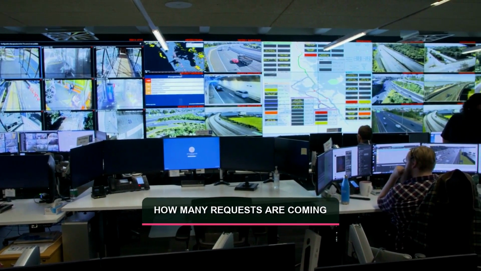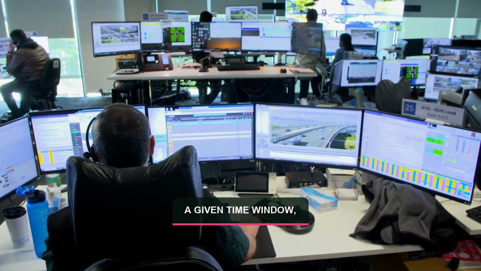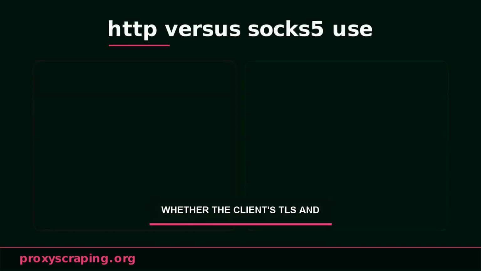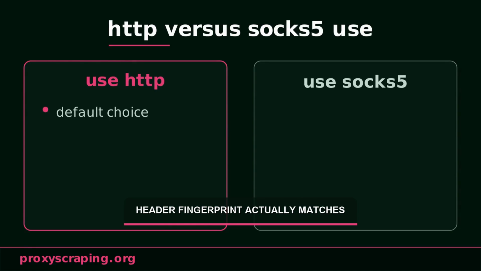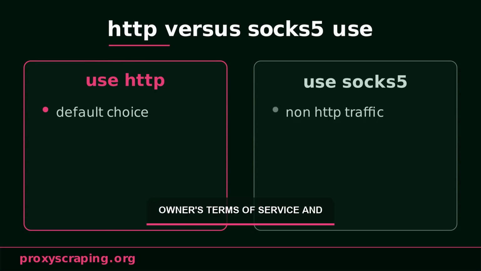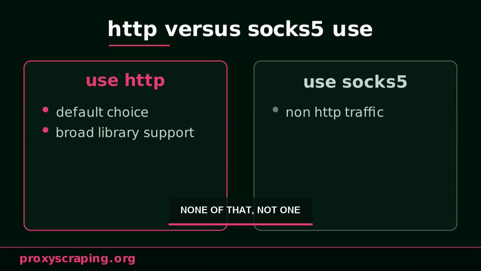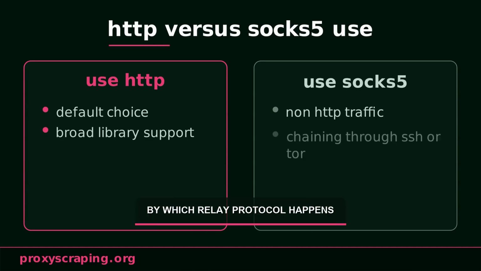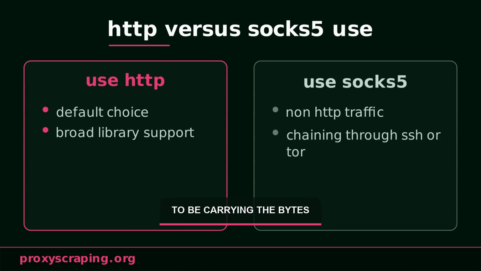How many requests are coming from that one IP inside a given time window? Whether the client's TLS and header fingerprint actually matches what a real browser would send, and whether the site owner's terms of service and robots.txt even permit the kind of access you're attempting in the first place. None of that, not one piece of it, is decided by which relay protocol happens to be carrying the bytes underneath.